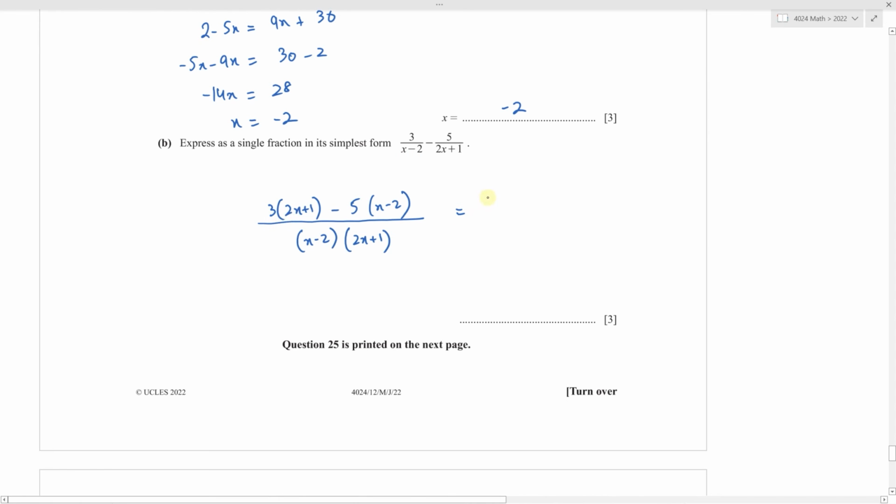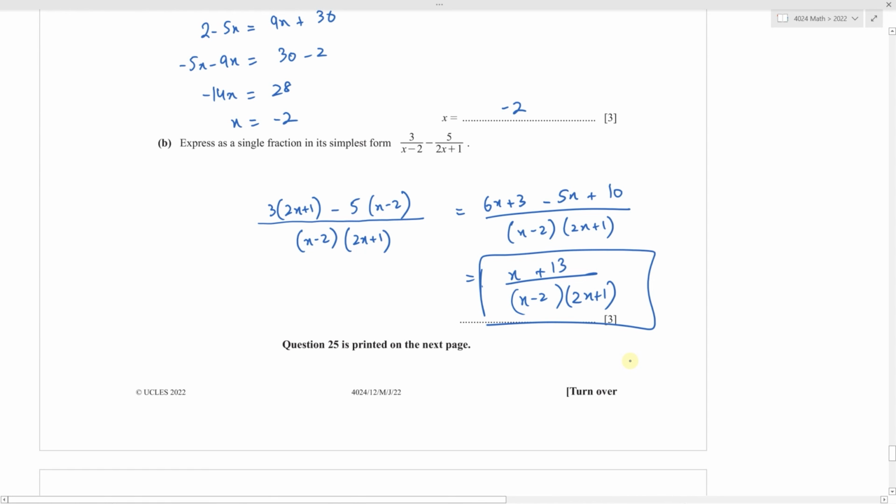Open the brackets, you get 6x plus 3 minus 5x, minus and minus 10 positive, and then 5 twos are 10, over the denominator as it is. 6x minus 5x is x, 10 plus 3 is 13. So x plus 13 over x minus 2 times 2x plus 1. So this will be your final answer.